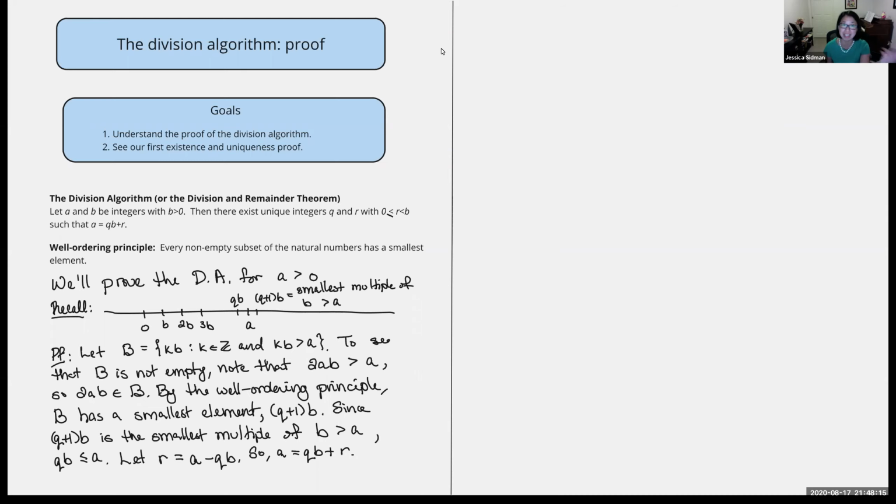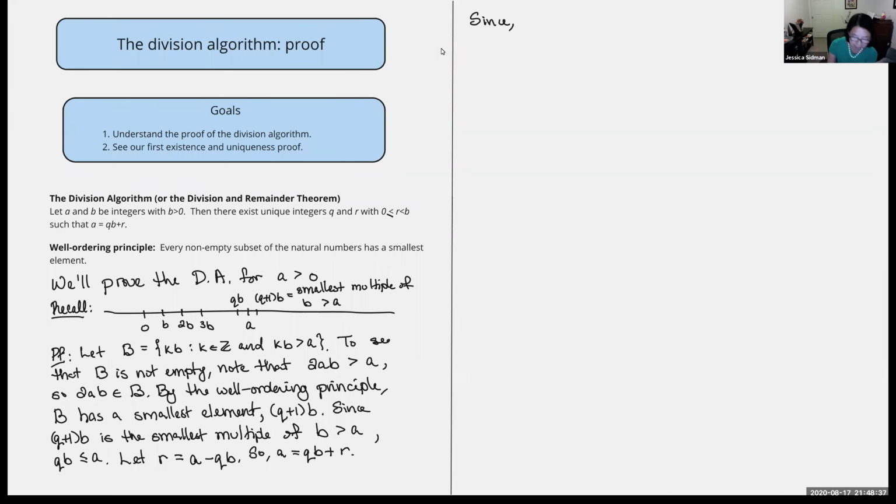So that's what I wanted, right? I wanted to find a Q and an R such that A was equal to QB plus R. I also have to make sure that R is a possible remainder. So note how big can R be, okay?